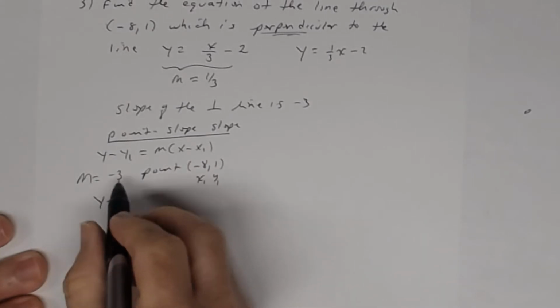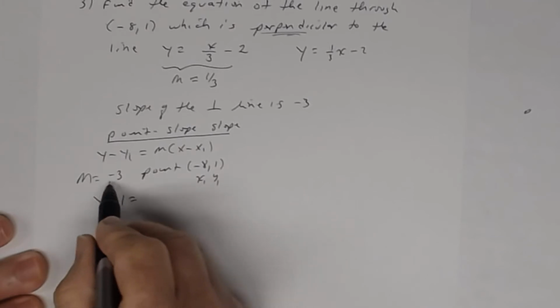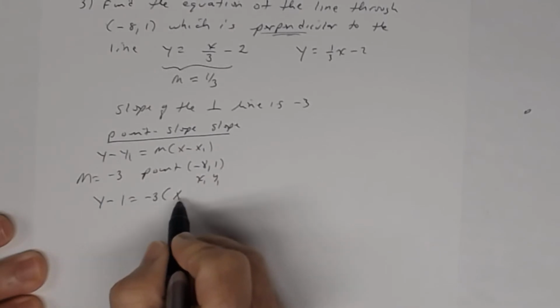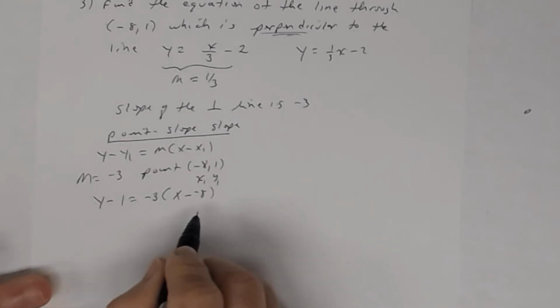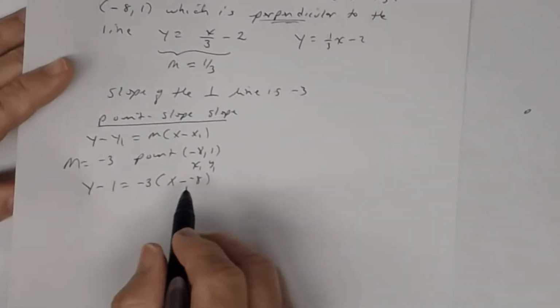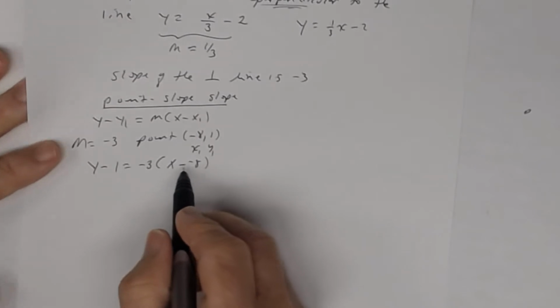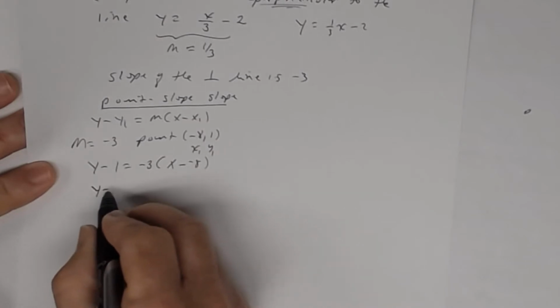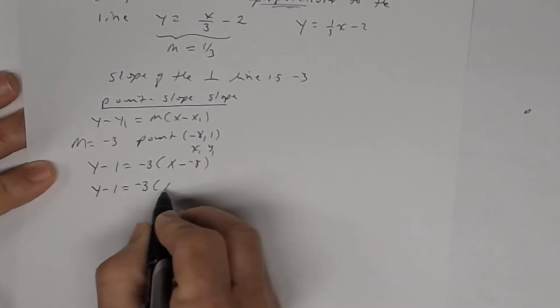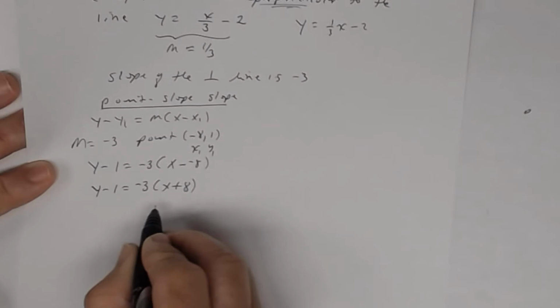And then you just substitute these two knowns into your formula. So y minus y1, which is 1, equals the slope, -3, times x minus x1, which is a -8. Okay? What I would do next, before I distribute, is simplify that expression within the parentheses. X subtract a negative 8 means x plus 8. Okay?